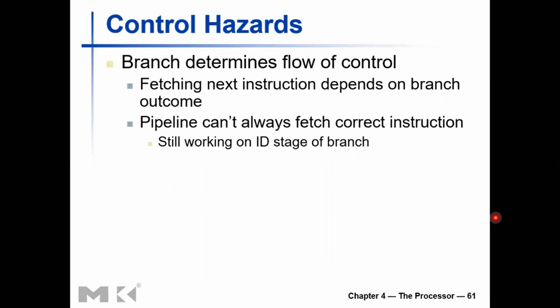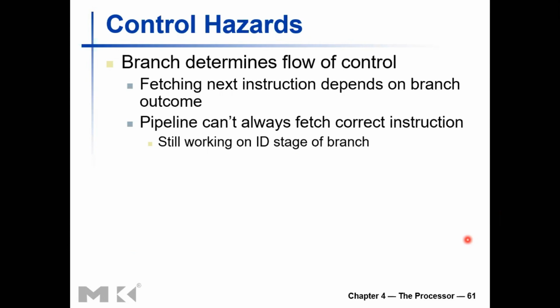So the fetching of the next instruction actually depends on the outcome of the branch instruction. When you have a branch instruction in the pipeline, the instruction that should be fetched after that depends on the result of that branch instruction. You need to do a computation, a subtraction of two register operands, and based on that decide where to fetch the next instruction from.